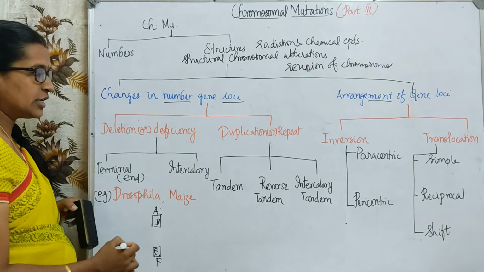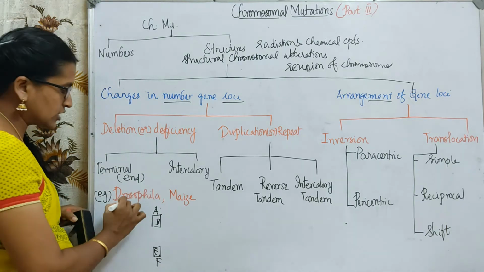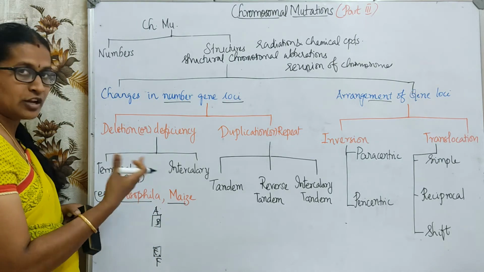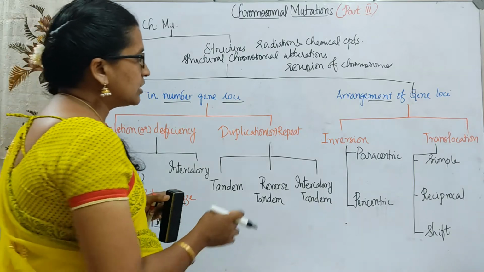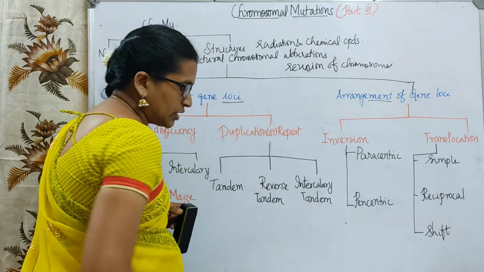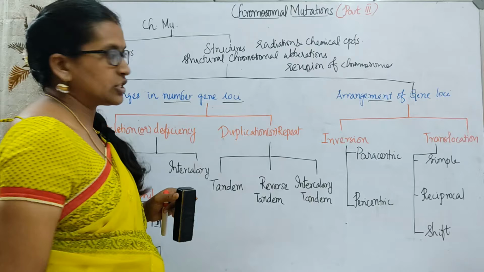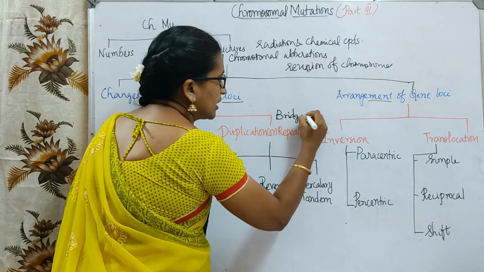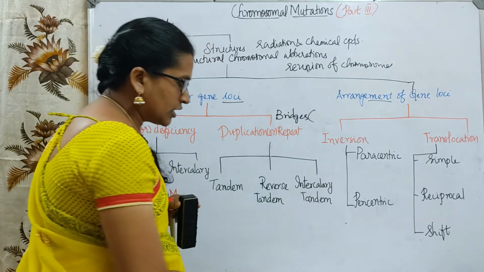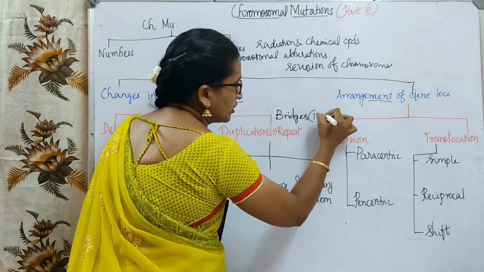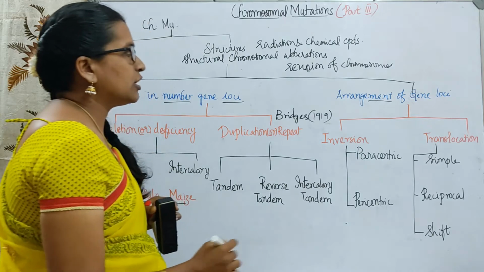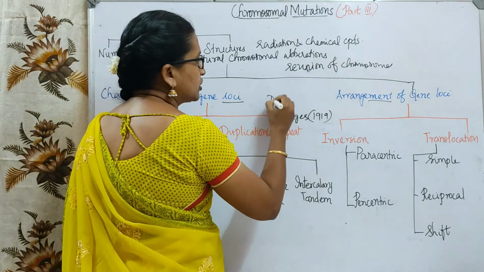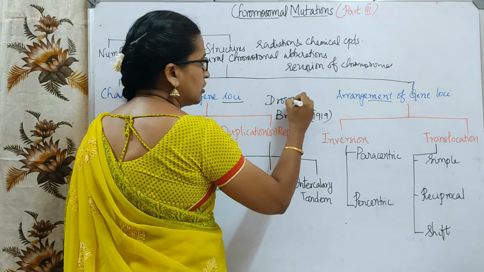Examples of these types of mutations are commonly seen in Drosophila and maize. Now, duplication or repeat. Duplication was first reported by Bridges in the year 1919, from Drosophila.